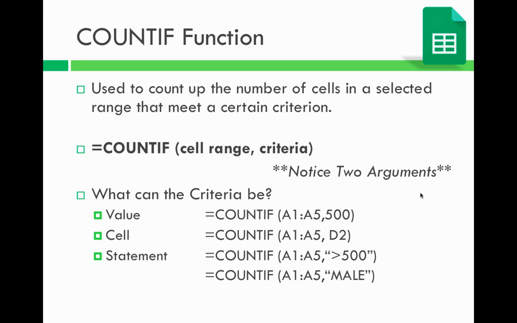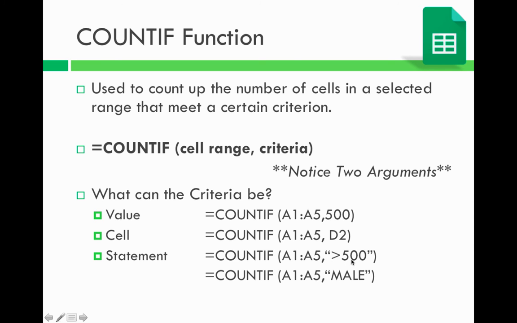Well, the question I just asked you, how many products in the cafeteria generated more than $2,000 in revenue? Here we want to almost do a comparison. I want to see things like greater than, less than, things like that. Okay, so this third example here is please count all the cells in this range that are greater than 500.